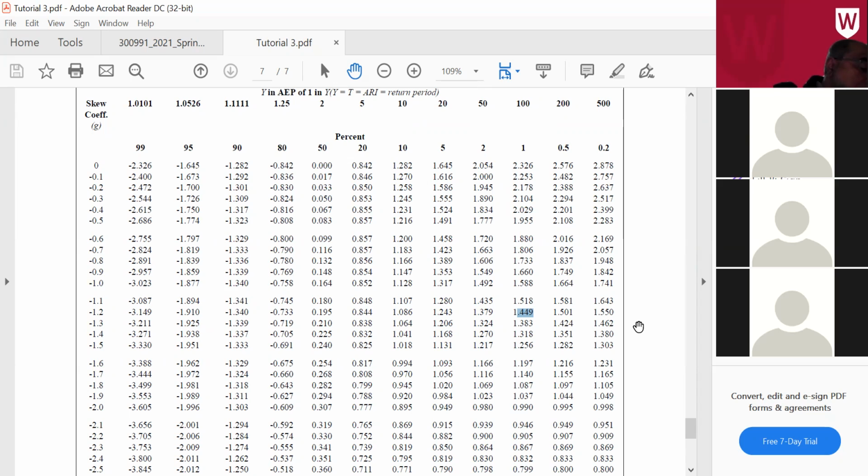And now do it for K100. 1.44225. How much? 1.44225. Okay, so let us see what other students get.